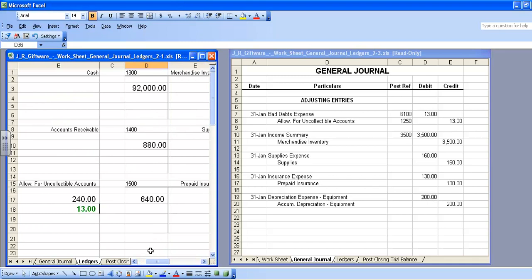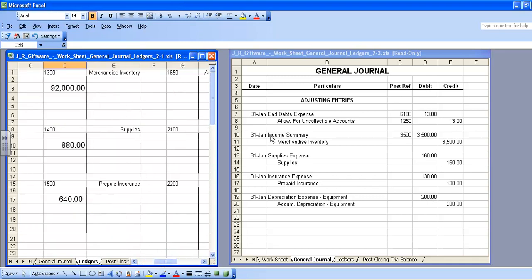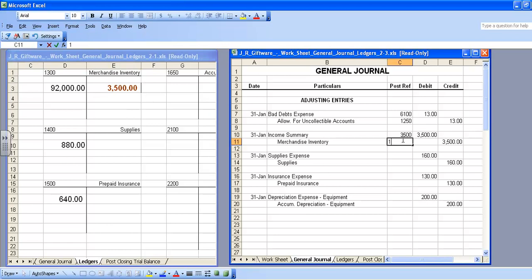Oh, there it is. Merchandise inventory is a credit, $3,500. You'll see that they're color coded still, just like they were in the worksheet adjustments column. That is just something I did for you this time. Once again I'm going to pause the video and go through and post the remaining entries.